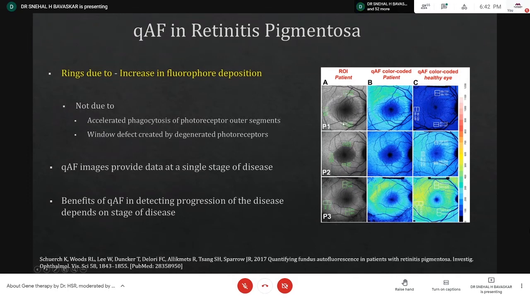When they compared this with age-matched normals, they found that this patient did not lie within the confidence limits, while these 2 patients tend to lie within the confidence intervals.